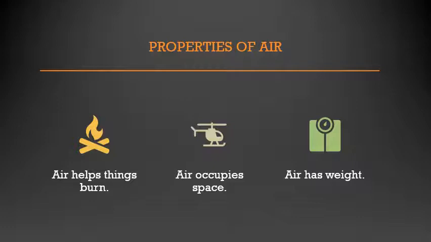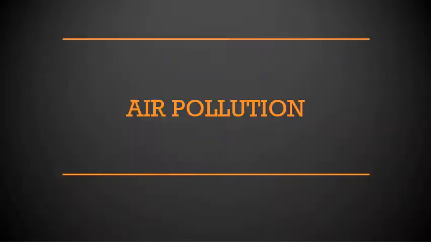In your cupboards, everywhere you see, there will be air in it. And air has weight. As I told you, the empty football is lighter than the football that is full with air. Understood?